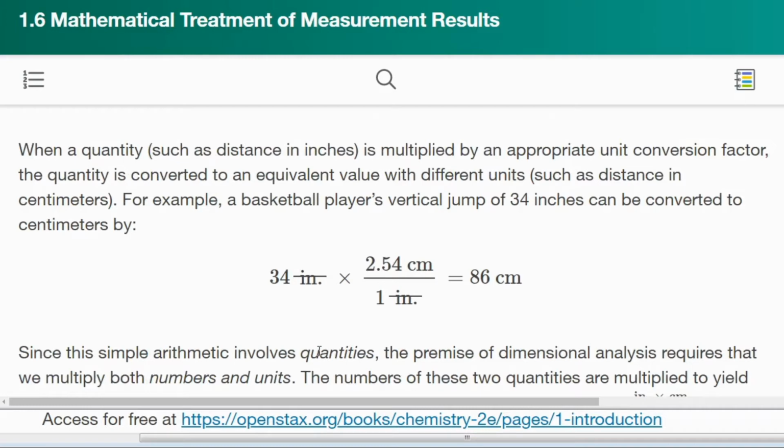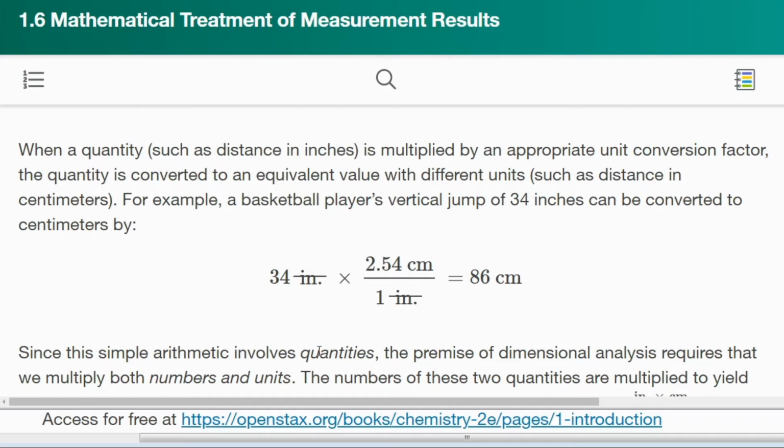When a quantity such as distance in inches is multiplied by an appropriate unit conversion factor, the quantity is converted to an equivalent value with different units, such as distance in centimeters. For example, a basketball player's vertical jump of 34 inches can be converted to centimeters by using a conversion factor. I wish they didn't do it quite this way. We can work through the example.